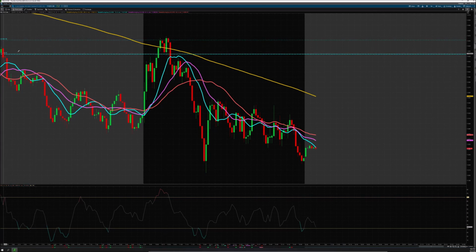But if you would have entered here, that's 45, and that is 61, I believe. Yeah, 61 and 45, and you could have got almost 20 points. 20 times 20 is $400 in one contract. So even if you would have got out, let's say $150 or 100 bucks, on a small account, you would have made $100. It would have been a green trade.